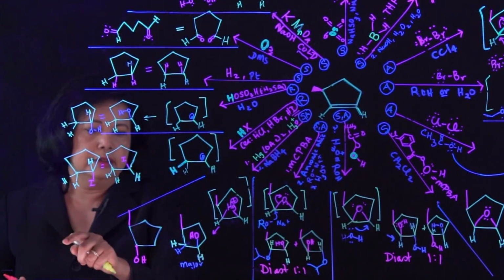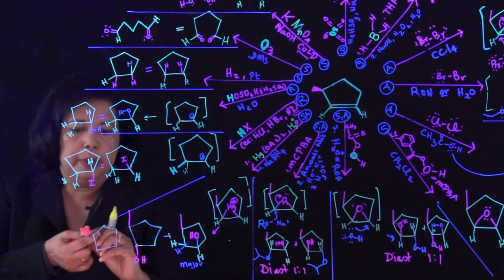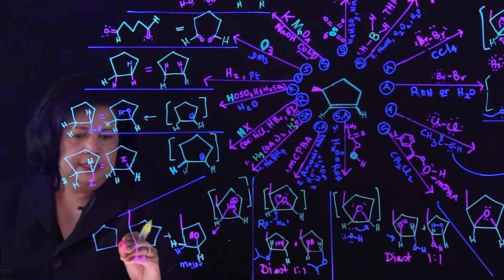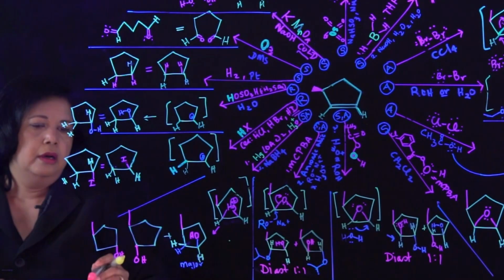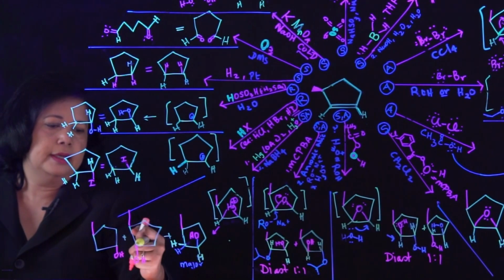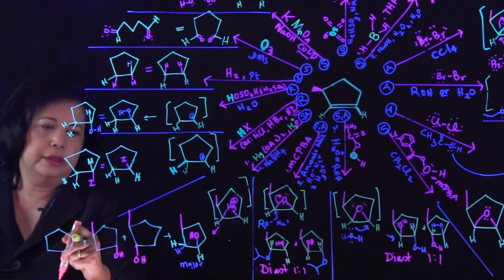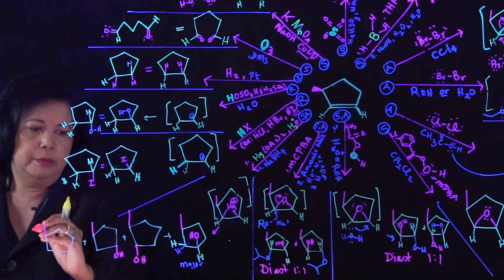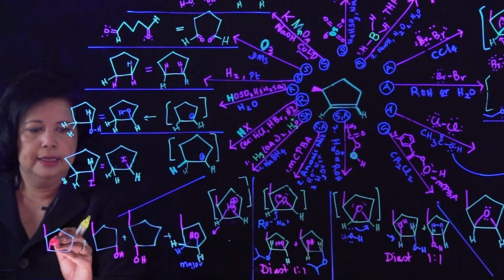So here's another one where you can have your OH down and methyl up here, or you could have the OH up here. So you can have 4 different compounds here. And look at this and tell me, what is the relationship between all of these?